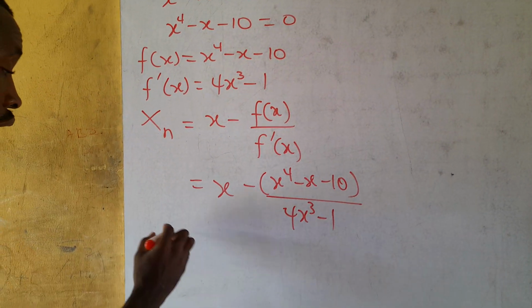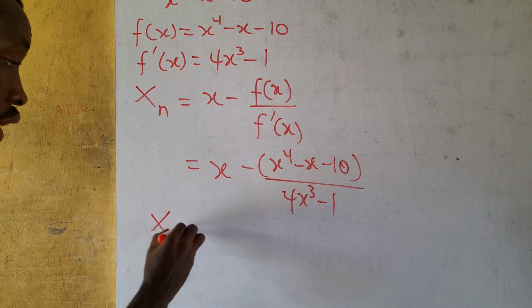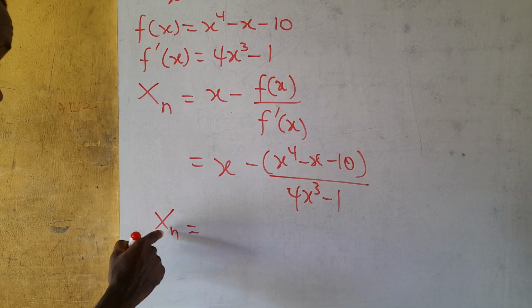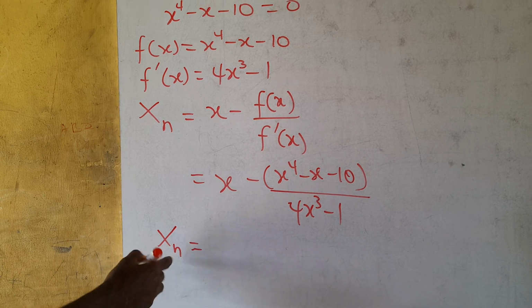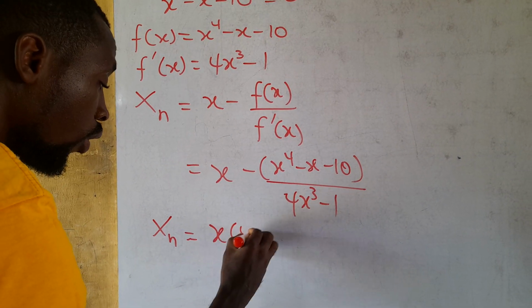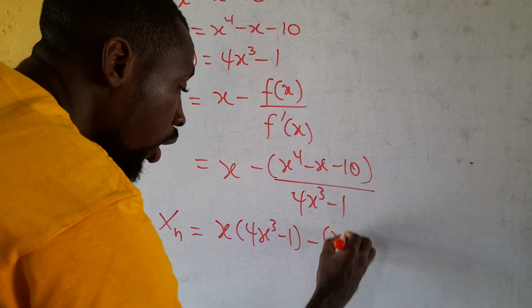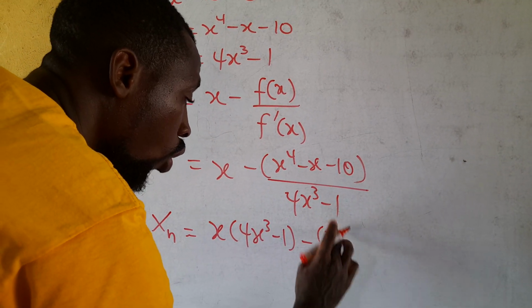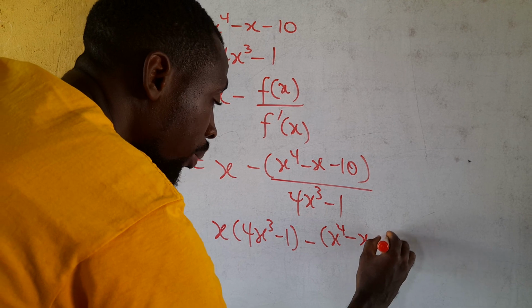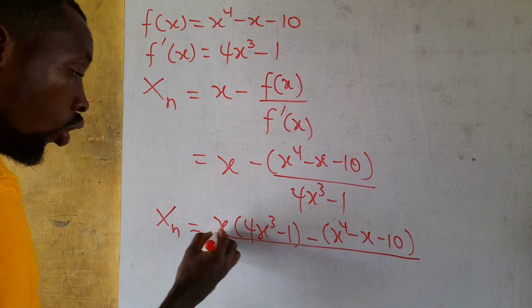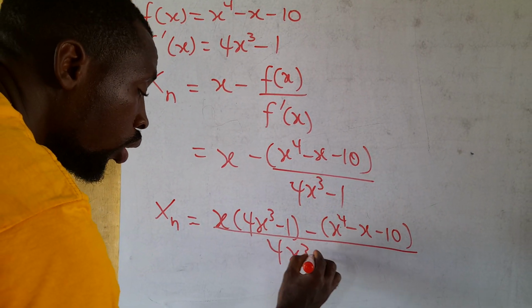Now remember, this is the LCM. You can get our x_n as x minus the bracket x exponent 4 minus x minus 10, all over 4x cubed minus 1.